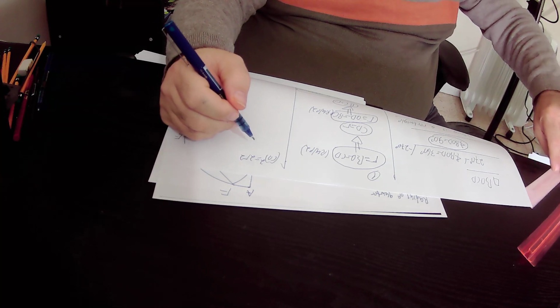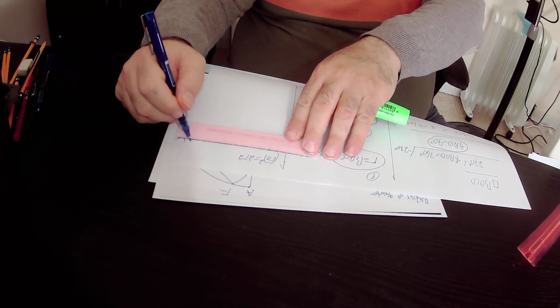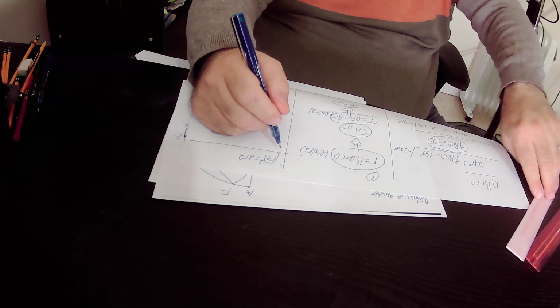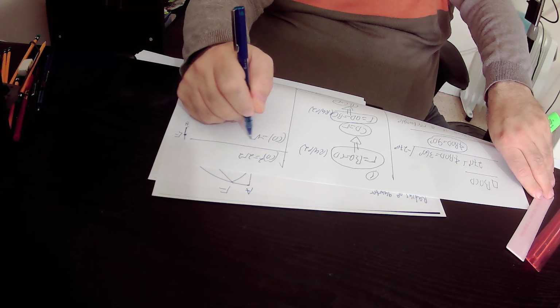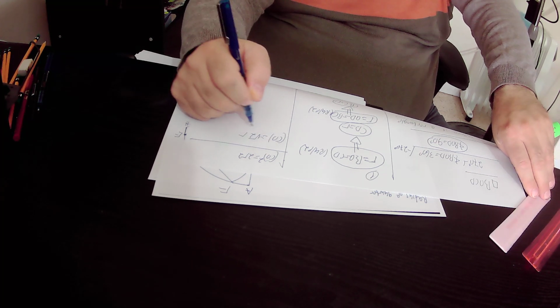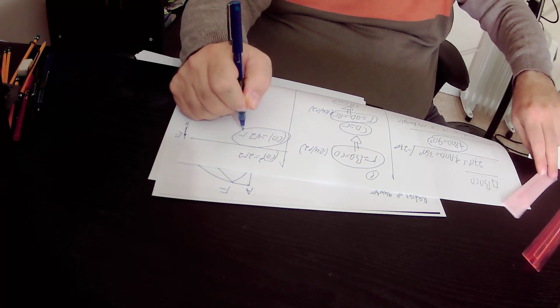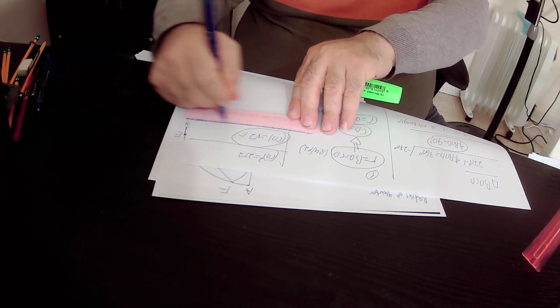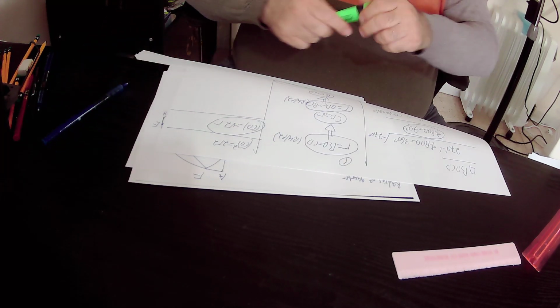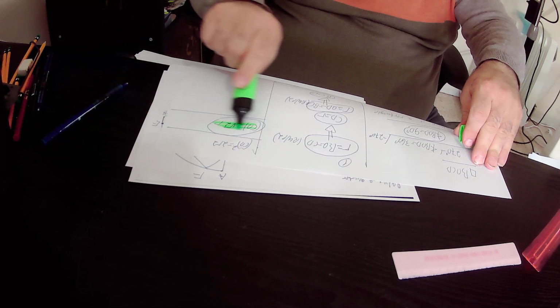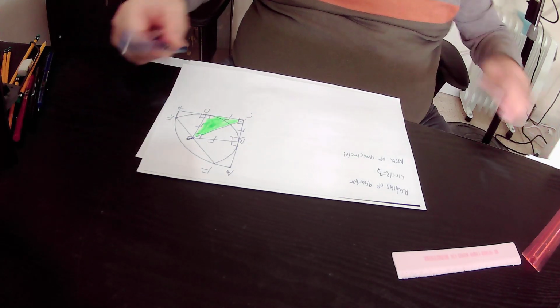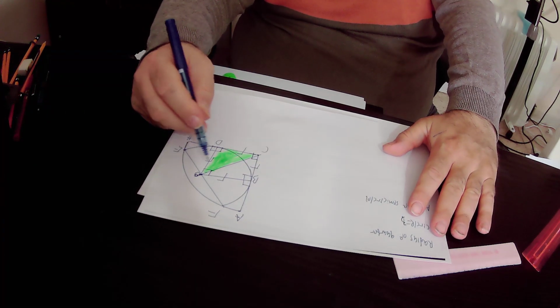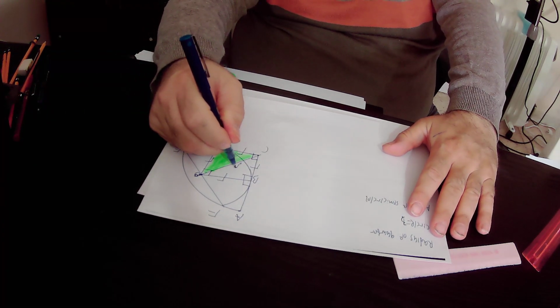We will take a root of this equation and we will get that the value of diagonal CO, the diagonal of the square, is equal to square root of 2 times R. So we can write here that diagonal CO of square BOCD equals square root of 2 times R.